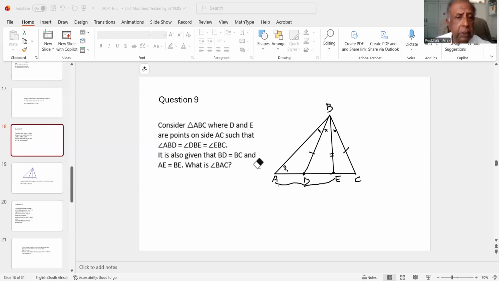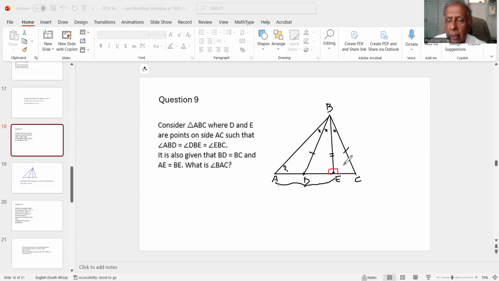Let me put the conclusions in red. Normally in geometry, whenever I make a conclusion, I put it in a different color from what is given. So the given is all in black, and the conclusion is that these two are equal because these two triangles are congruent.